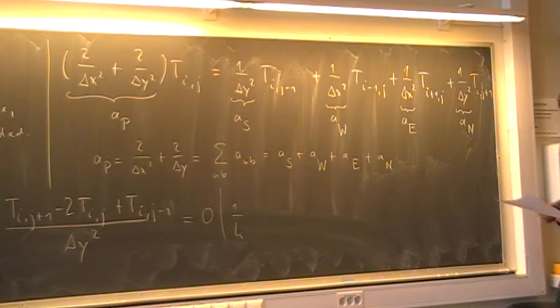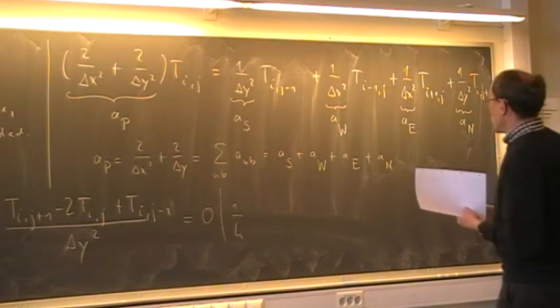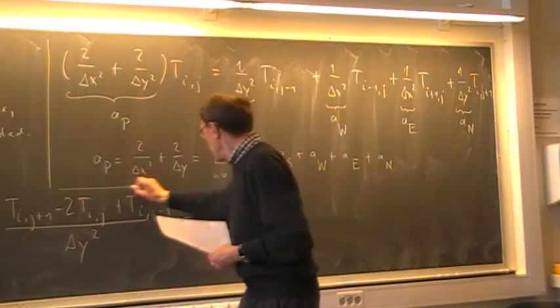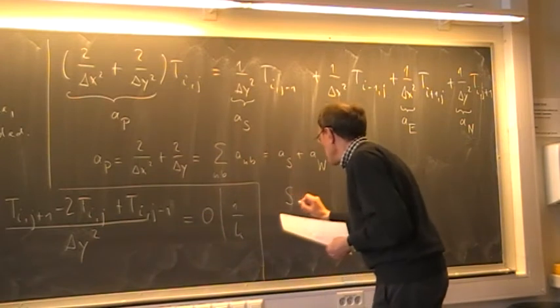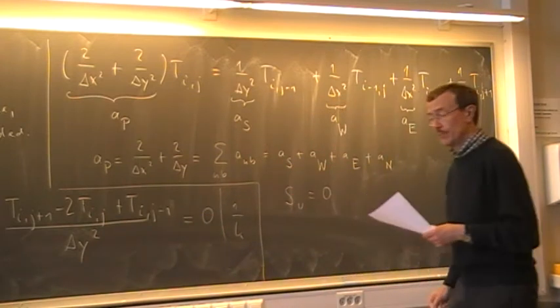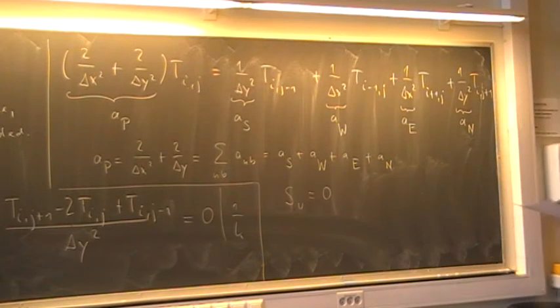So then we have identified these coefficients, and in equation 11 we have also SU, a uniform source term, and in our case that is 0, we don't have any. So we can note that the SU in our case is simply 0. So then we have established the answer to question B.